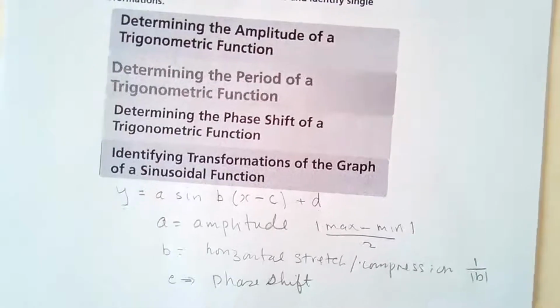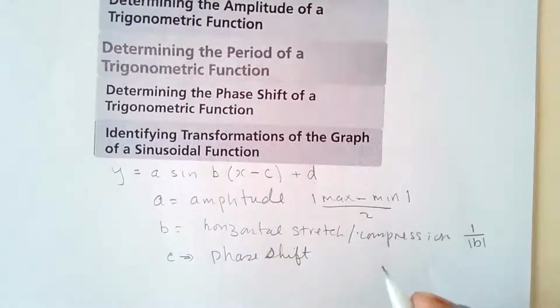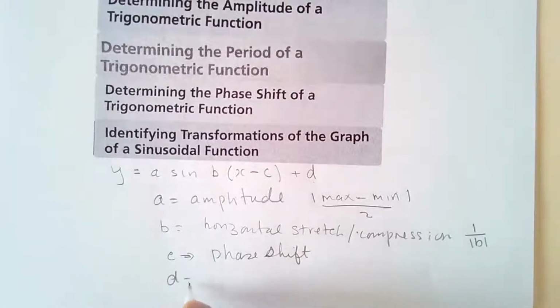Essentially, it's the horizontal translation. And d, which we'll add, is your vertical translation.